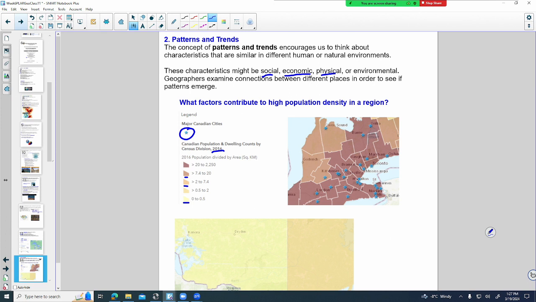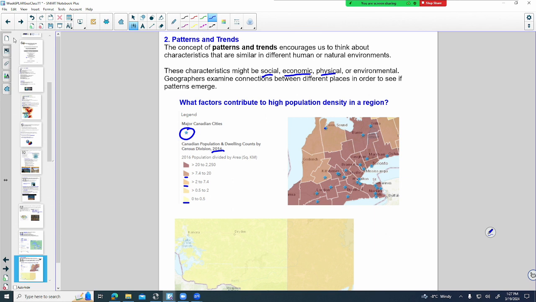So if you're looking to live in a populated area, you would look for these places. There's Barrie, Orillia, Markham, Brampton, Toronto, Mississauga, Hamilton, and so on.